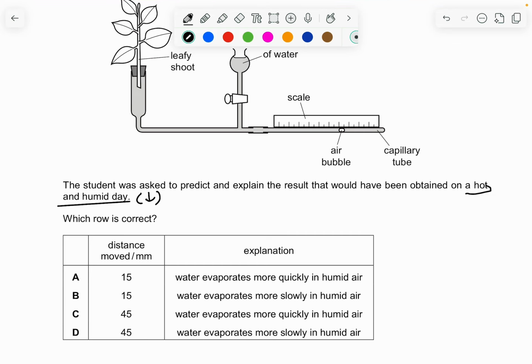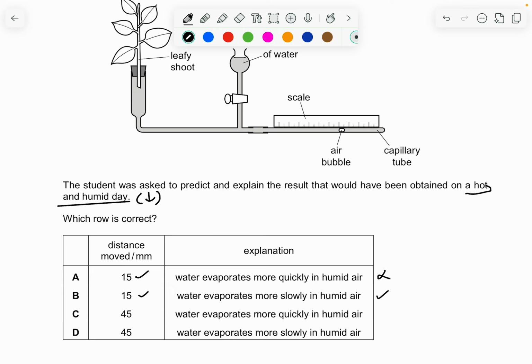Now let's see each of the options. A, 15 mm. Water evaporates more quickly in humid air. No, right? Although the 15 mm is correct, the explanation is wrong. 15 mm is correct. Water evaporates more slowly in humid air. That is correct. You need to imagine that humid air has a lot of water particles, so there is some form of water in the air.